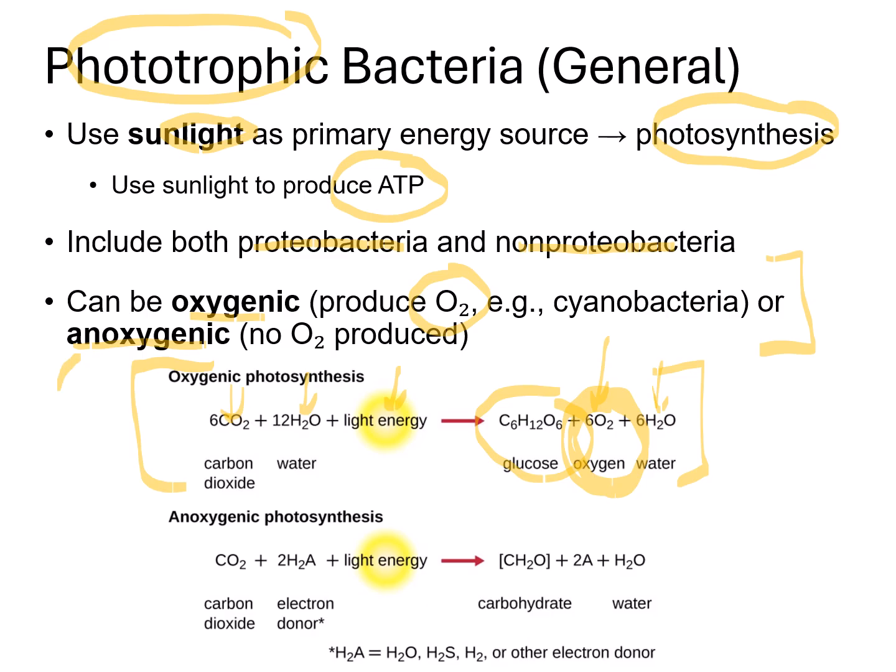In anoxygenic photosynthesis, that's down here, you're not using water as your electron donor, and you don't form oxygen, right? So look, there's no oxygen here. So in anoxygenic photosynthesis, you're not producing oxygen, and this is because instead of water, you're using electron donors such as hydrogen sulfide.